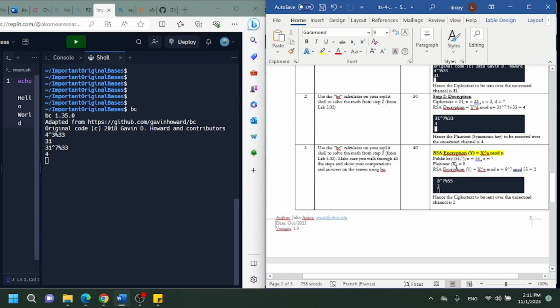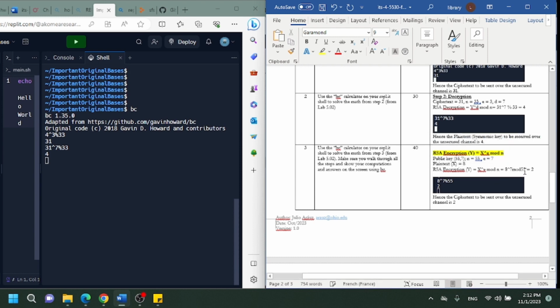So let's pick another example. In our other example, the public key is 55 and 7. That means that 55 is N, 7 is E over here. Then let's say we have plain text 8 to encrypt.